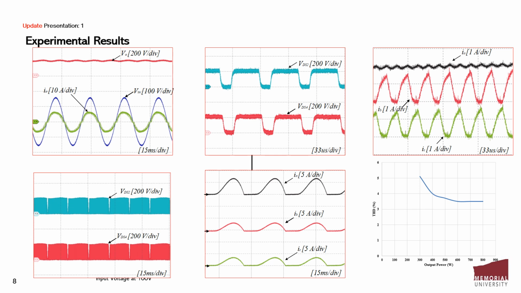The result shows that the proposed topology is very good in terms of power. As the power increases, you can see that the THD also reduces, and we are having a very high power factor, which is an advantage of the proposed topology.